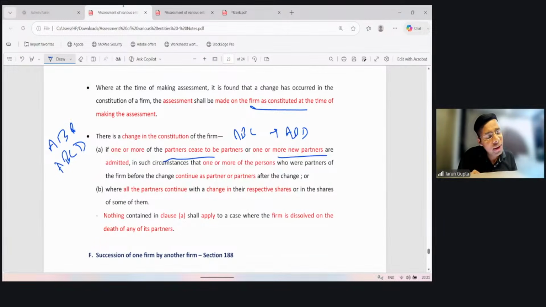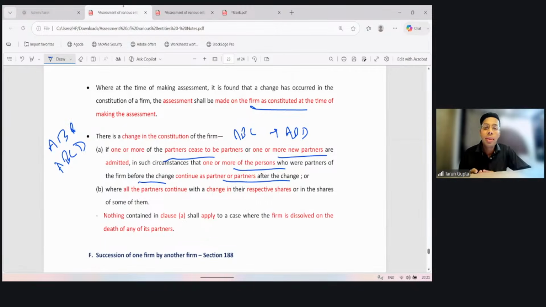Either the existing partner has ceased to be a partner, or a new partner has joined, in such circumstances that one or more of the persons who were partners of the firm before the change continue as a partner after the change. Okay.